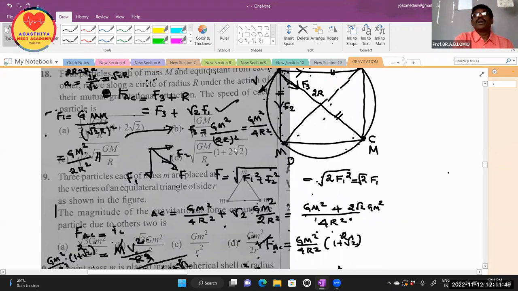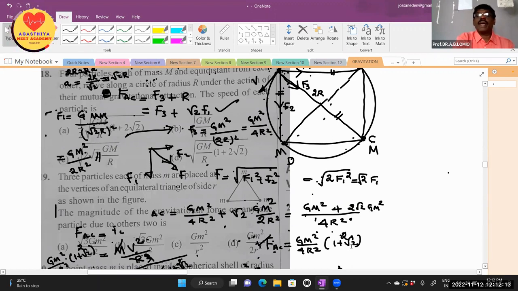Now, when you substitute the values in the formula, the resultant force is F3 plus root 2 F1. Substitute F1 and F3 in this formula. It becomes, finally, Gm squared divided by 4R squared into 1 plus 2 root 2.